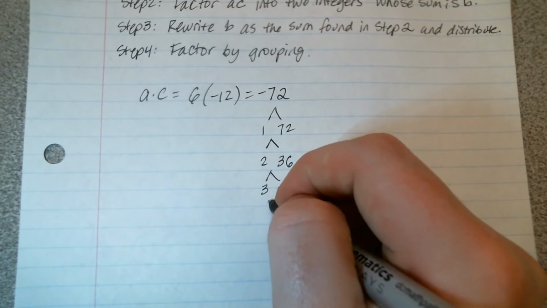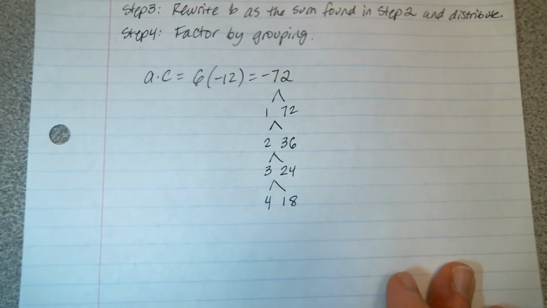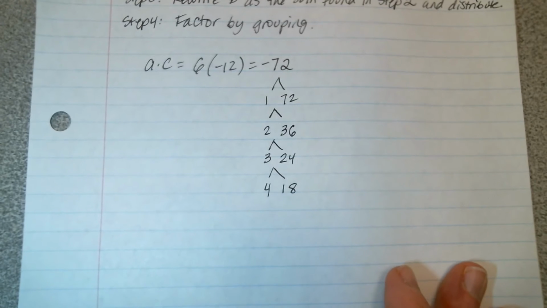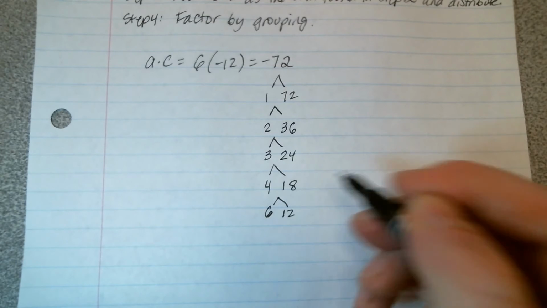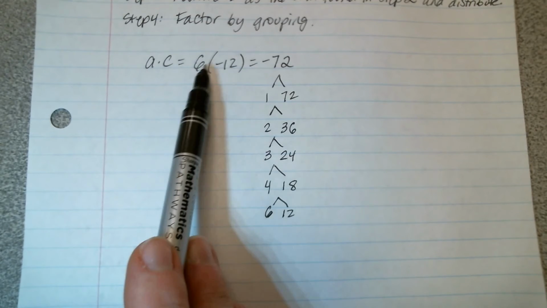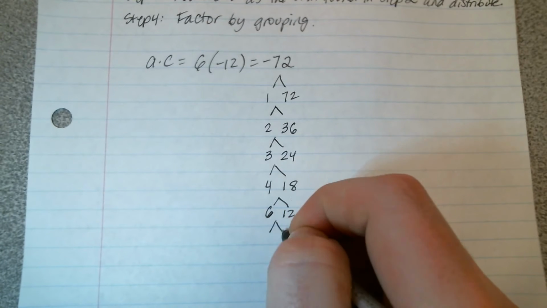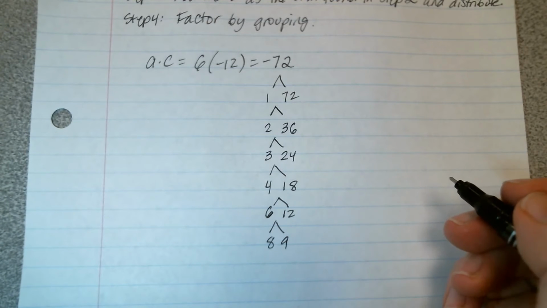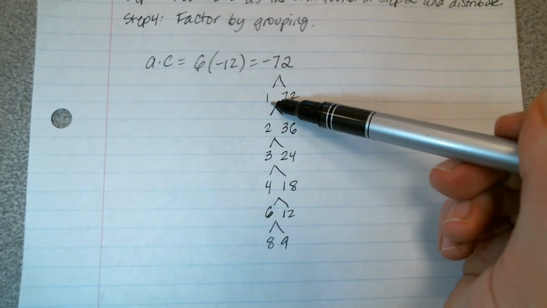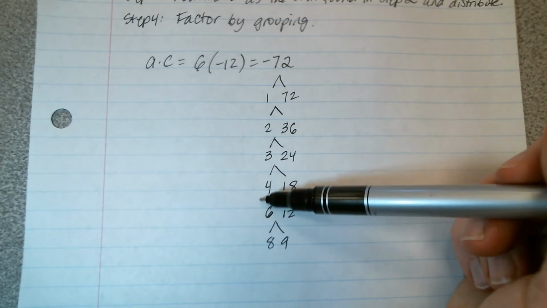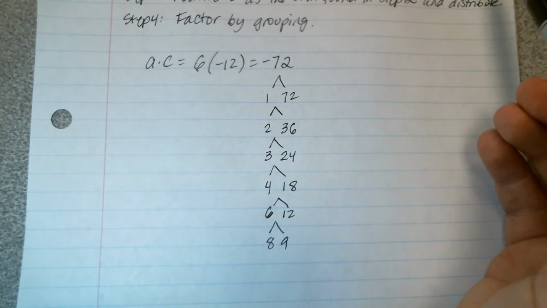Yep, 4 goes in evenly, 4 times 18. 5 does not go in evenly, so how about 6? Yep, 6 and 12. In fact, that's how I got 72 in the first place. And then, it looks like 8 can divide in 8 times 9. Okay, and I like to factor this way, 1, 2, 3, 4, 5, down this way, because I know when these two numbers are now next to each other, there's nothing else to do.